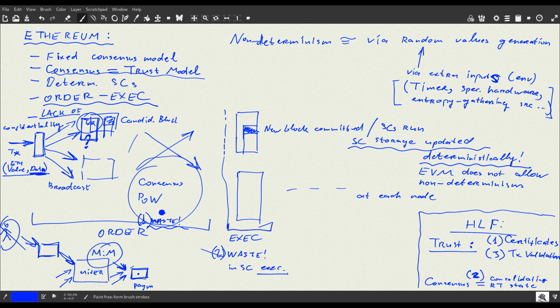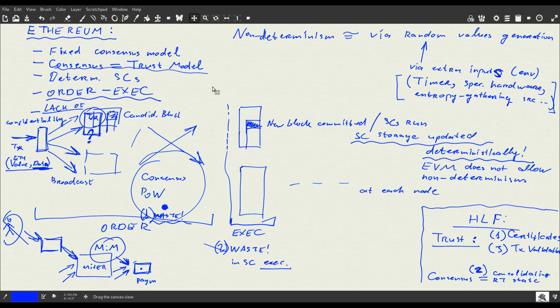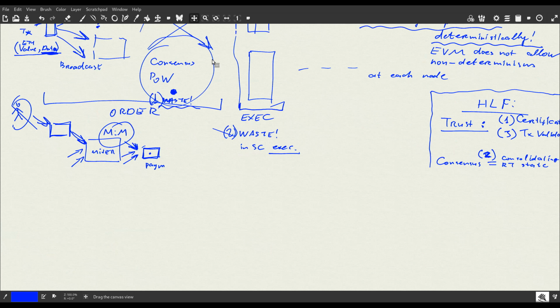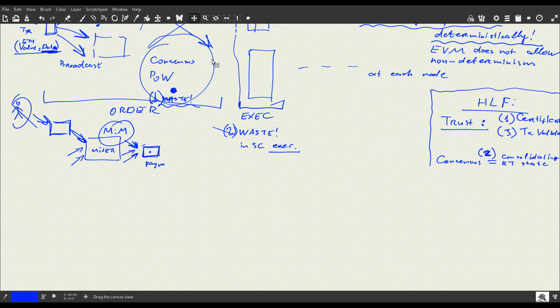Therefore, compared to Ethereum or Bitcoin, we have a completely different scheme in Hyperledger Fabric, which is: first execute smart contracts, then order. Order means apply consensus, and only then validate.